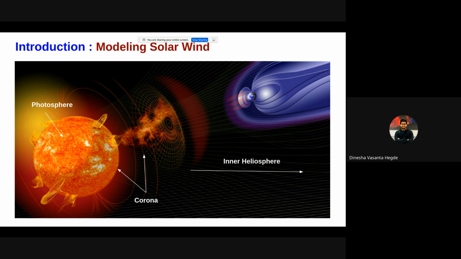As you can see here, the space between Sun and Earth can be separated into three regions because of the computational approaches. We start with the photosphere, where we have the best observation of at least one of the components of the MHD variables, the magnetic field, and then the corona and the inner heliosphere.